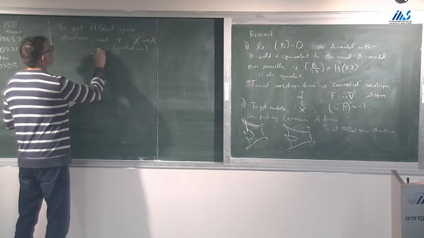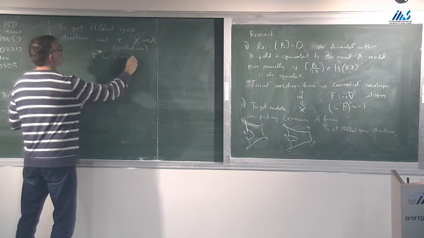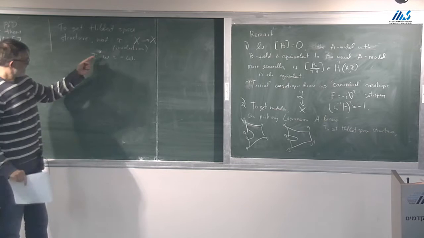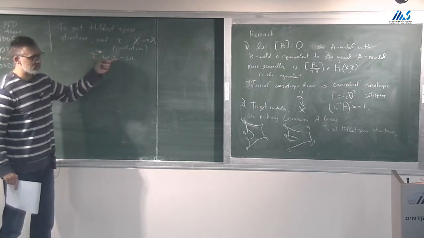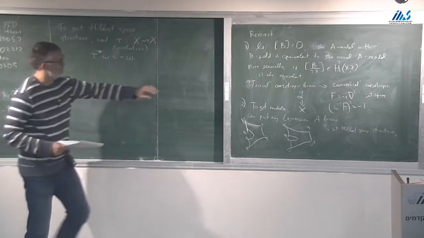So the condition really is this one, something like that. It establishes an equivalence between the A model with symplectic form omega and minus omega. So then you can define a Hilbert space structure on that space alpha beta.